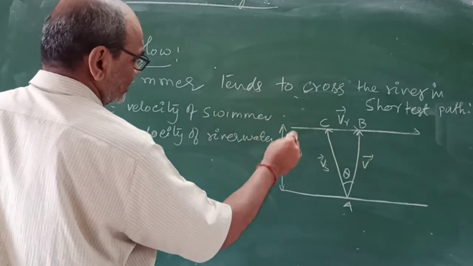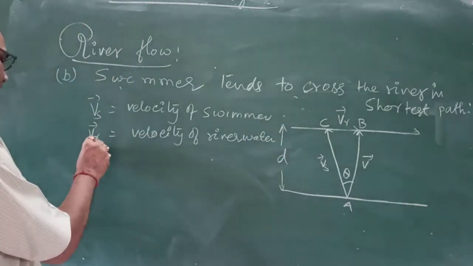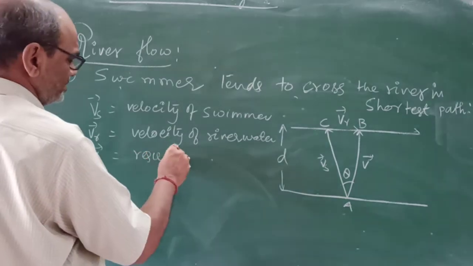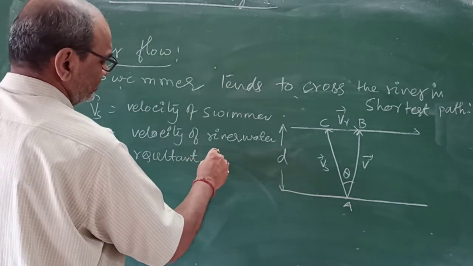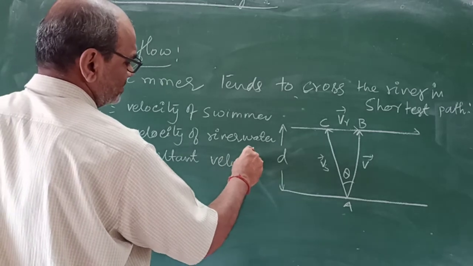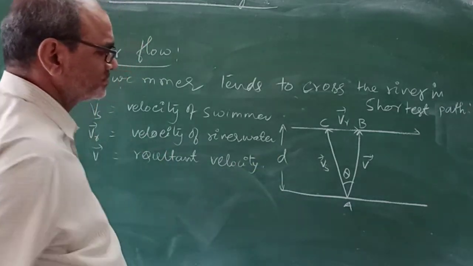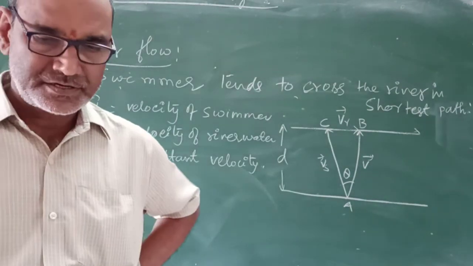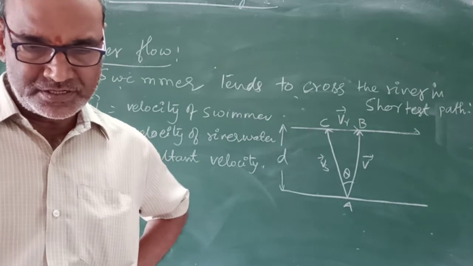D is the width of the river. V is the resultant velocity. The swimmer makes an angle theta with the direction perpendicular to the direction of flow of river.